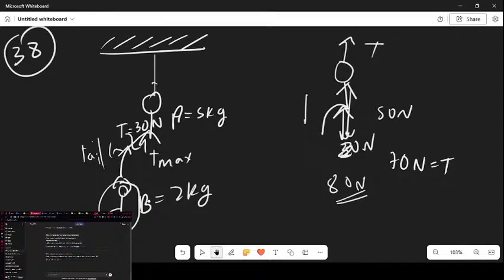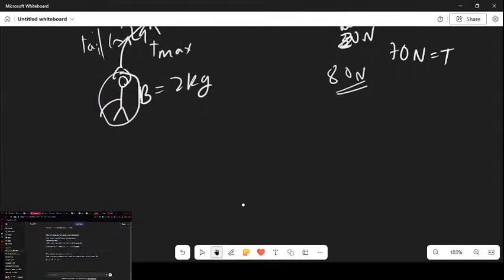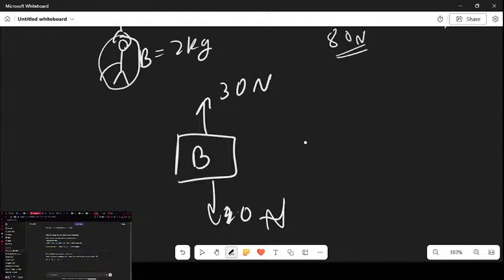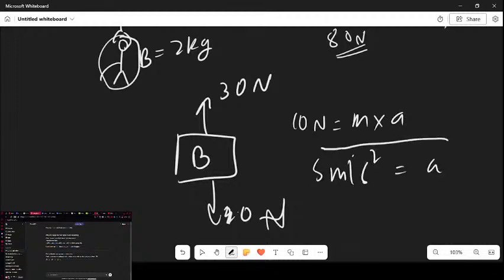What I did, I got it. First, for the block, I'll consider it to be block B. Here 30 Newton, here 20 Newton, so it's going to be 10 Newton net. Net is mass into acceleration, since it's 2 kg, 5 meter per second square acceleration, which means it's going to move upward.